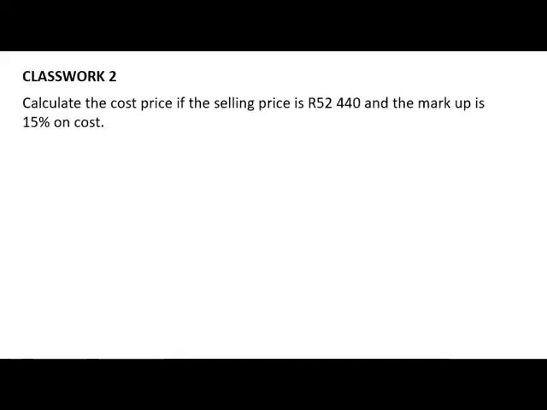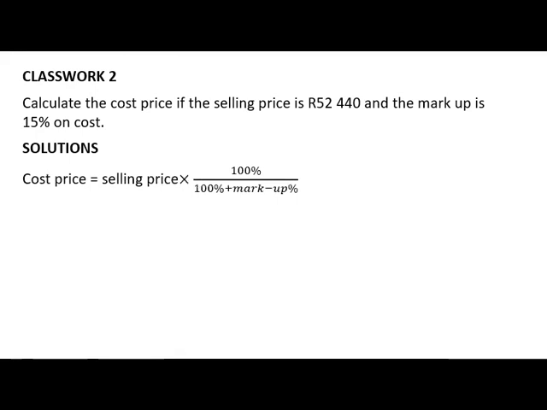Try this one out. Give yourself 5 minutes. Calculate the cost price if the selling price is 52,440 and the markup is 15% on cost. Cost price is equal to selling price times 100 divided by 100 plus markup percentage.